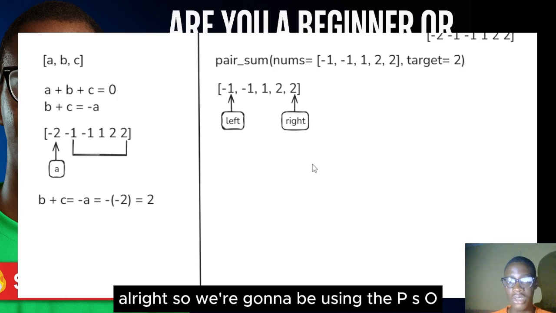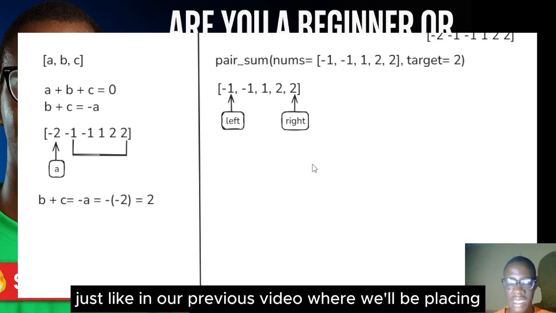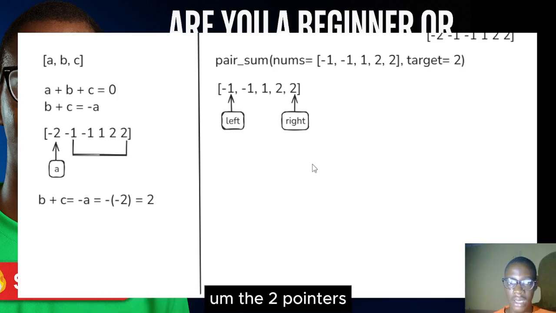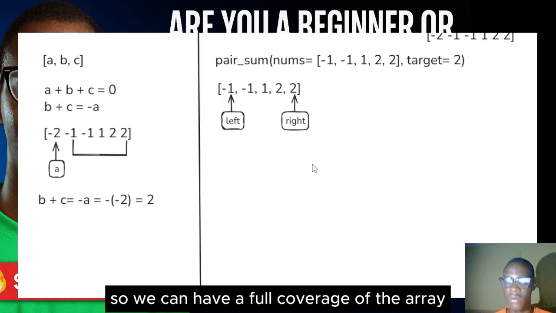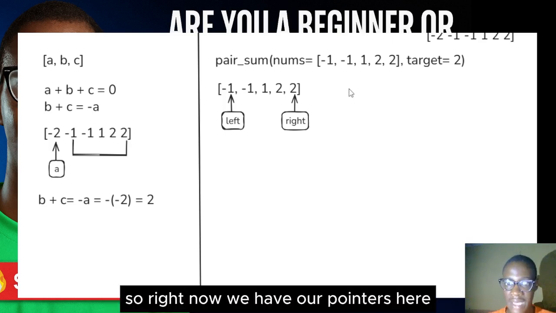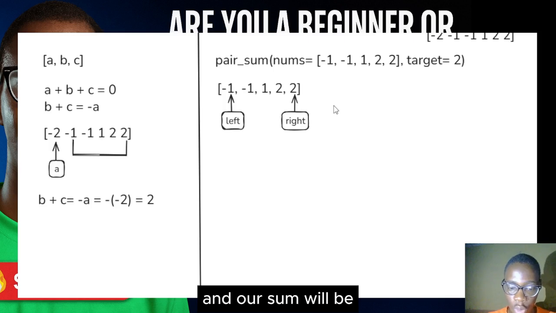Just like in our previous video, we'll be placing 2 pointers left and right at the two extremes of the array, so we can have a full coverage of the array.